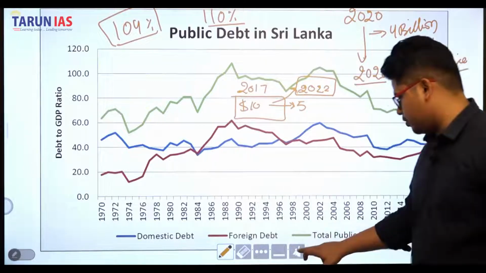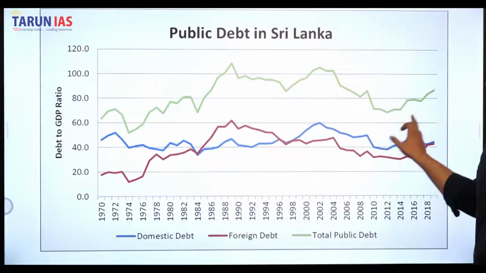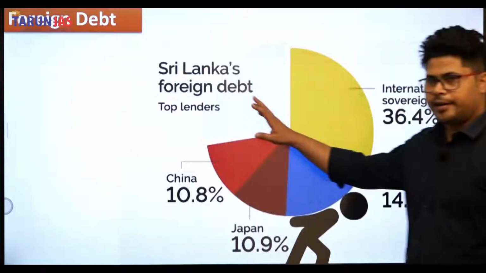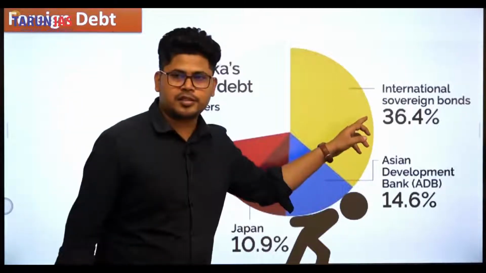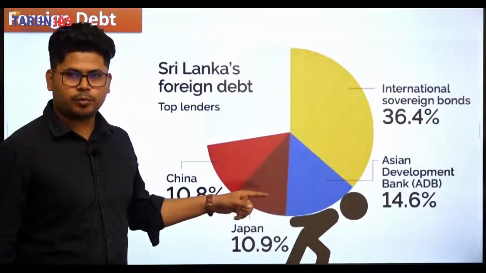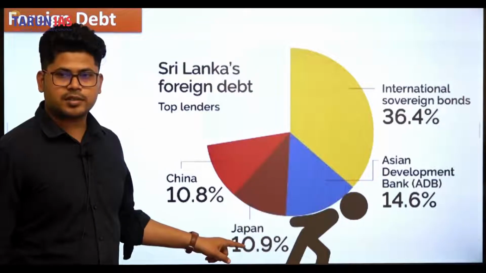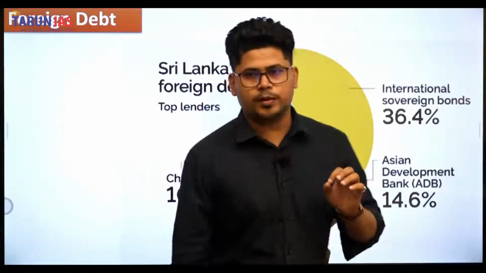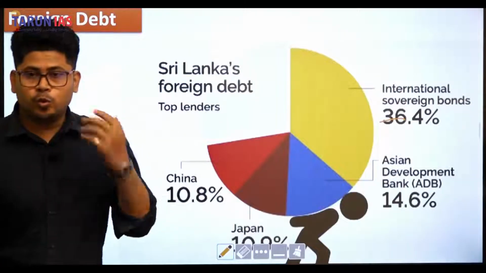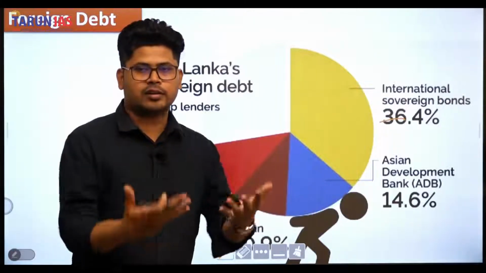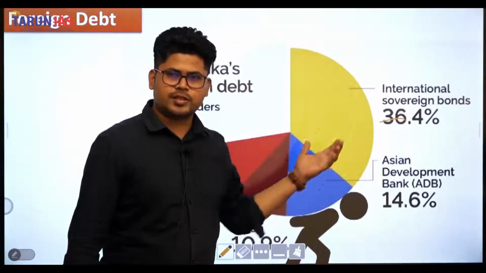Now if we look at the foreign debt profile, international sovereign bonds are around 36.4%. They have taken 14.6% of loans from the Asian Development Bank, 10.8% is from China, 10.9% is from Japan, and India's loan is around 2%. The debt profile of this country means to whom Sri Lanka owes this debt, who they have to return the money to. First, international sovereign bonds, which are basically in the Western market, the USA and all these Western countries.